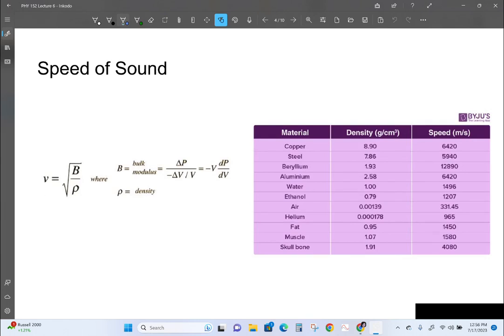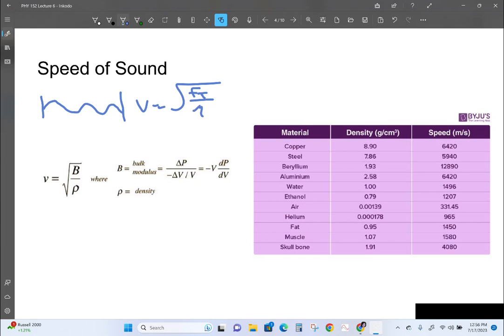When you look at the formula for the speed of sound, it looks similar to the formula for the speed of a wave on a string. So remember, when we have a string that's vibrating up and down like this, the speed is equal to the tension force divided by the mass per unit length.